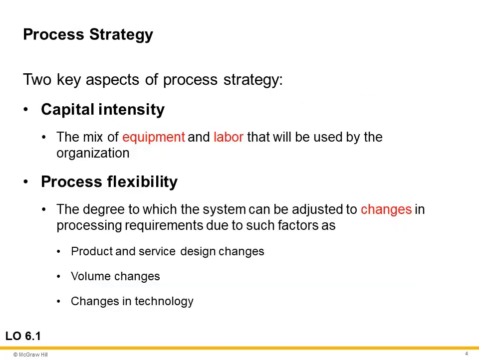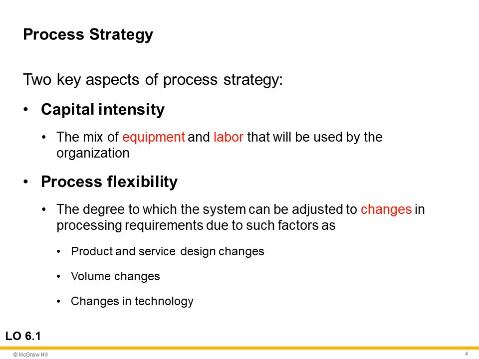When it comes to strategy, there are two key aspects in process strategy. The first one is capital intensity. Simply speaking, capital intensity is your resources, equipment, labor, employees.